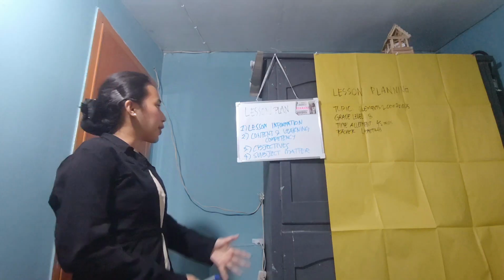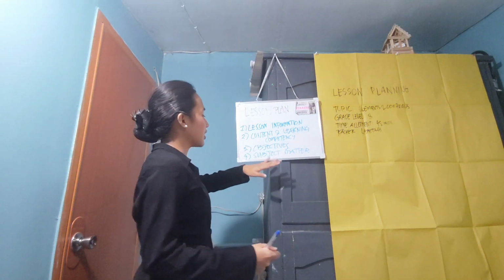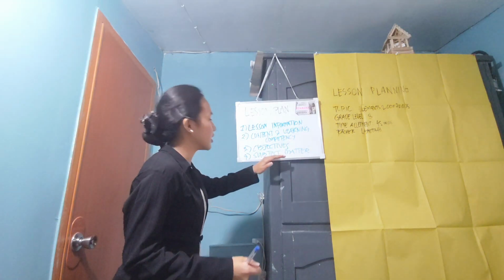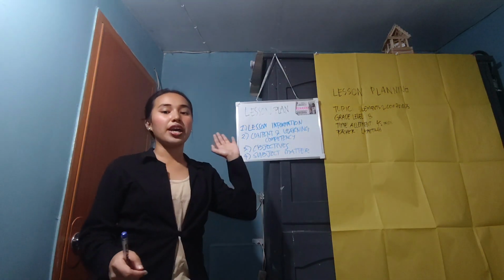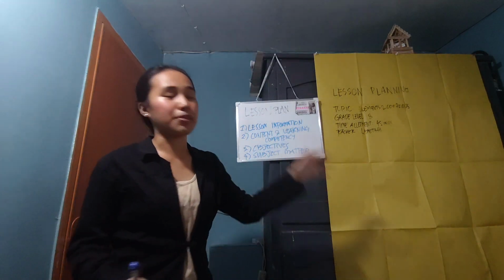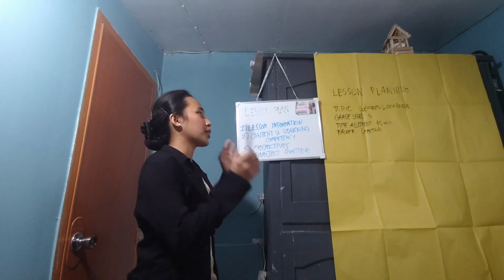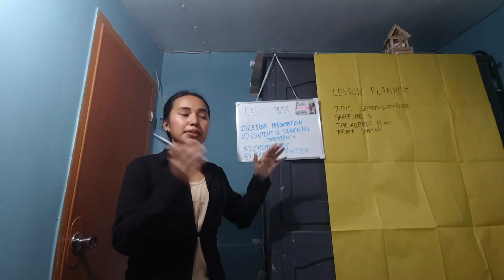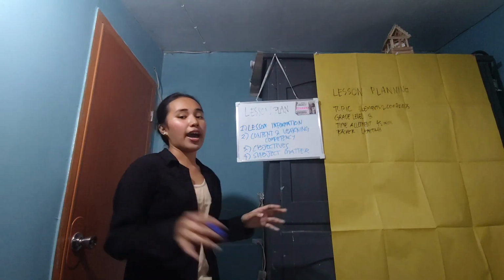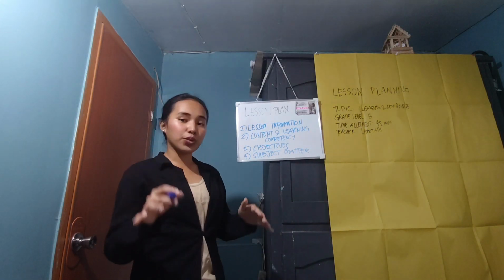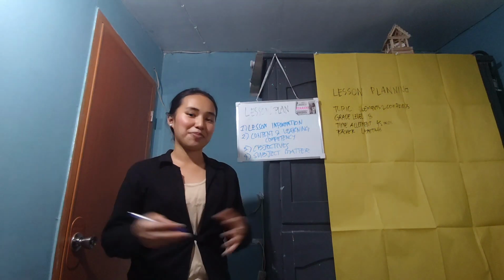That is why the lesson information, content and learning competencies, objectives, and subject matter are very important and should be embedded in the lesson plan, because this is the first part that can be seen in the lesson plan and would be the basis of how the actual teaching is done.